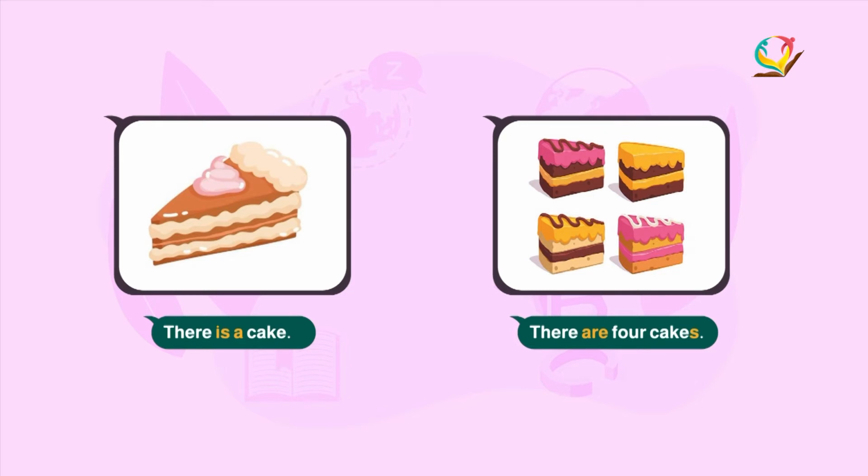We say a cake. When there are more, for example 4 or 5, we use the plural s at the end. We say cakes. We also say there is for singular and there are for plural.